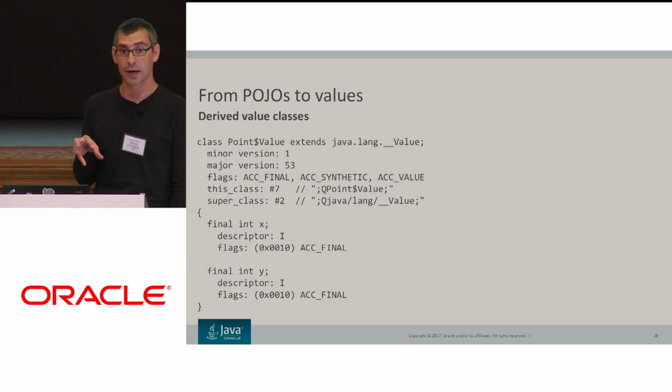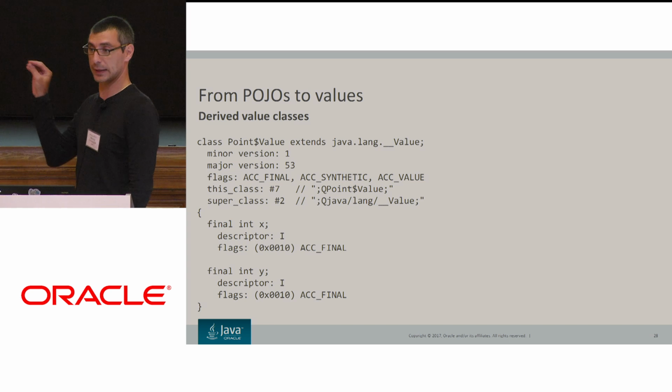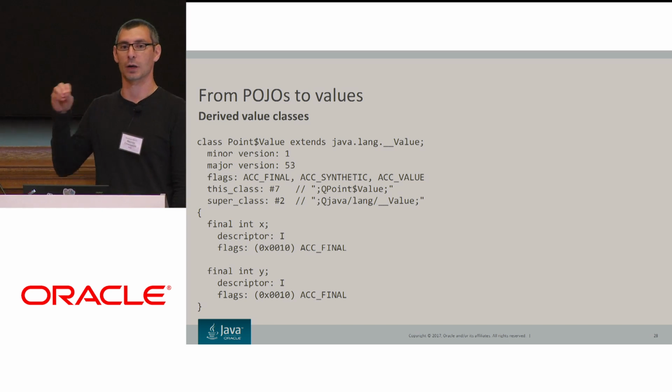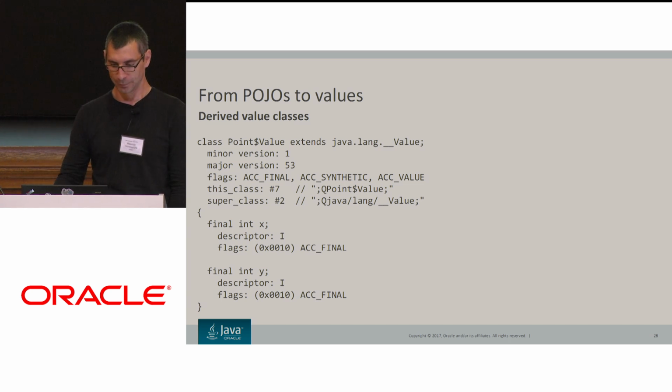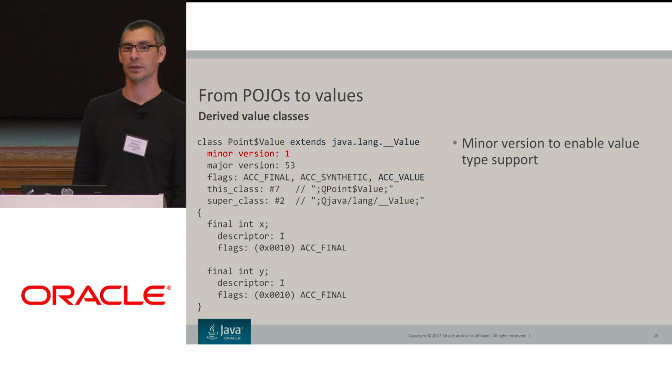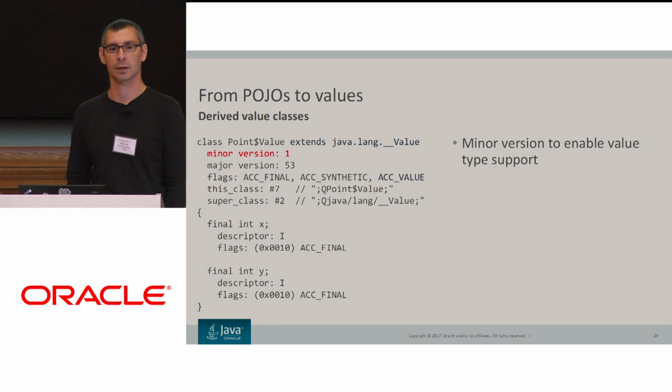When the VM loads the value-capable class, it will spin something like this. A new class file. You can see its name is $value. The name is not specified anywhere; it could be anything. And the first important thing to notice here is that the minor version is set to 1.